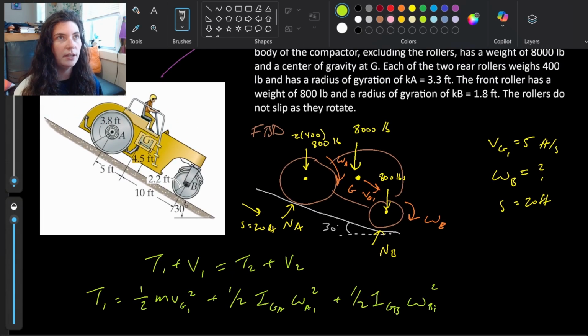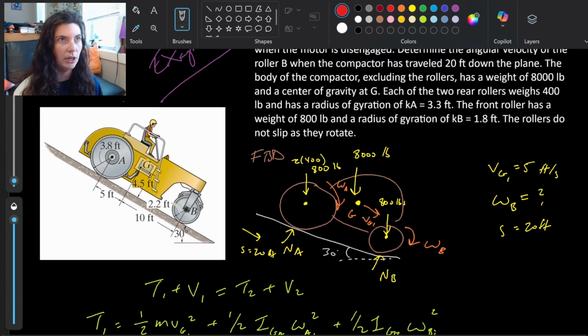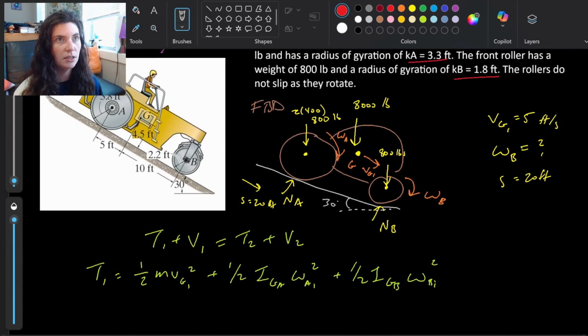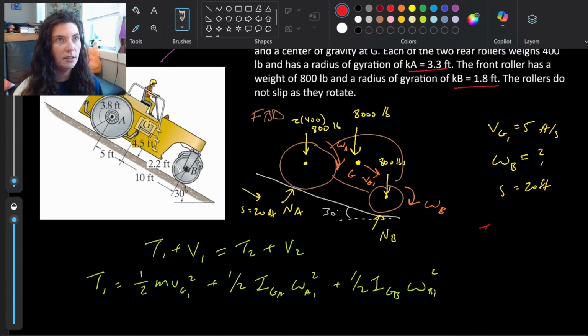So before we move on, I guess it would be good if we went ahead and found what IGA and IGB are. They did give us the radius of gyration for A and for B. So for A, IGA is going to be the mass of A times Ka squared.